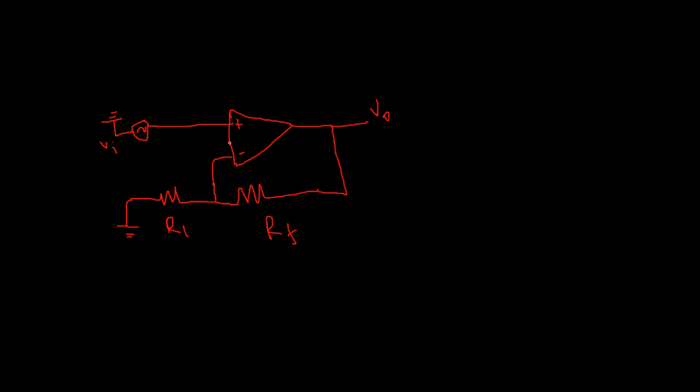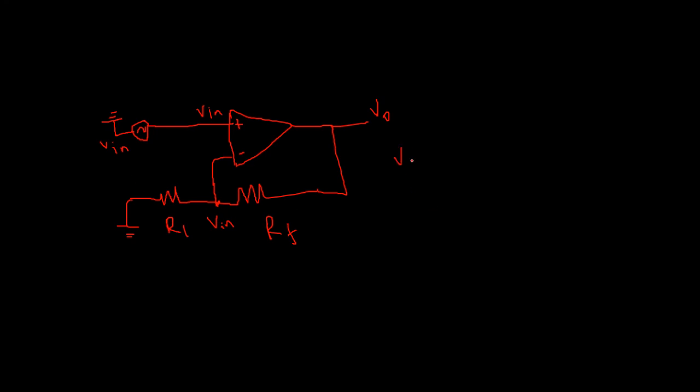Assume there is a virtual short, so the input voltage comes into the non-inverting pin Vi, so the same voltage occurs at this point. It is also V in, keep it as V in. So now find out V in.